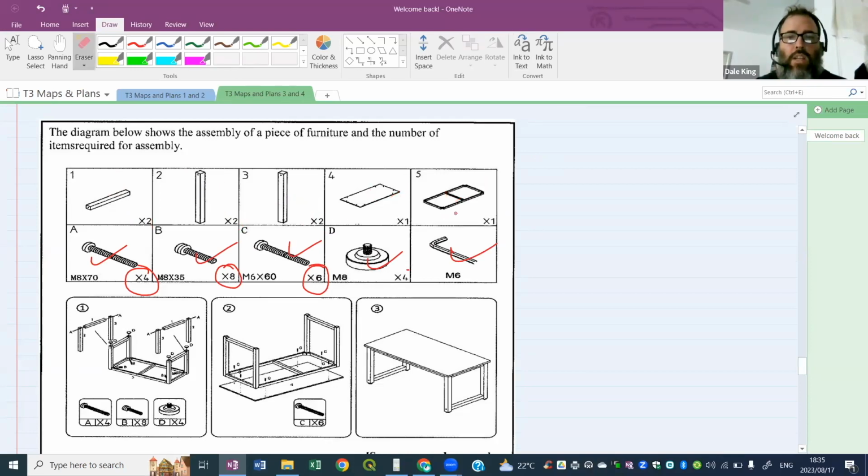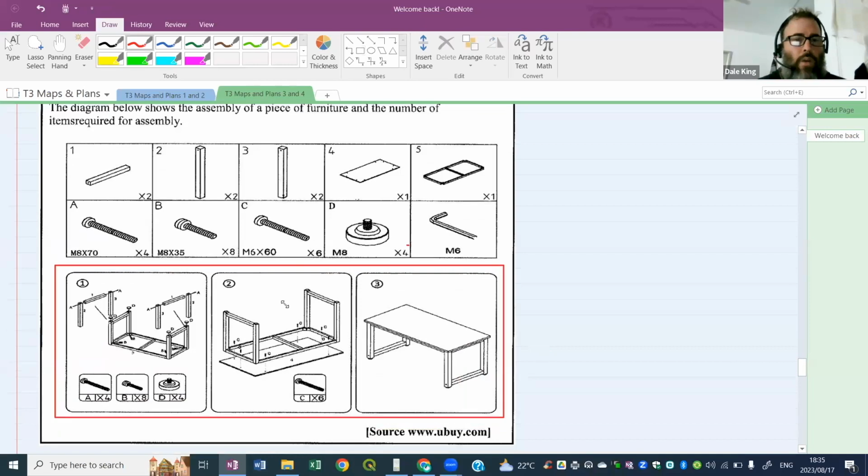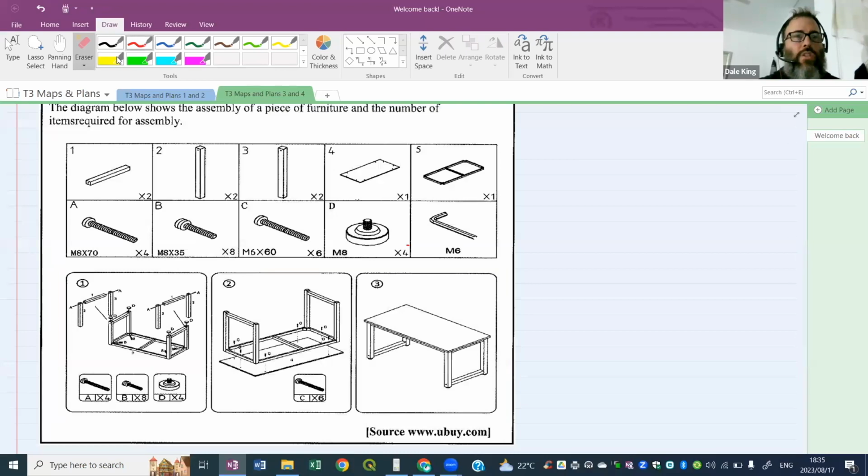All right, so this section is the items list, and that's what you're going to need to help you put together this furniture. Then the section underneath here is the instruction section. The instruction part on where to put what. In each step, you see these numbers over here. The instructions are numbered.